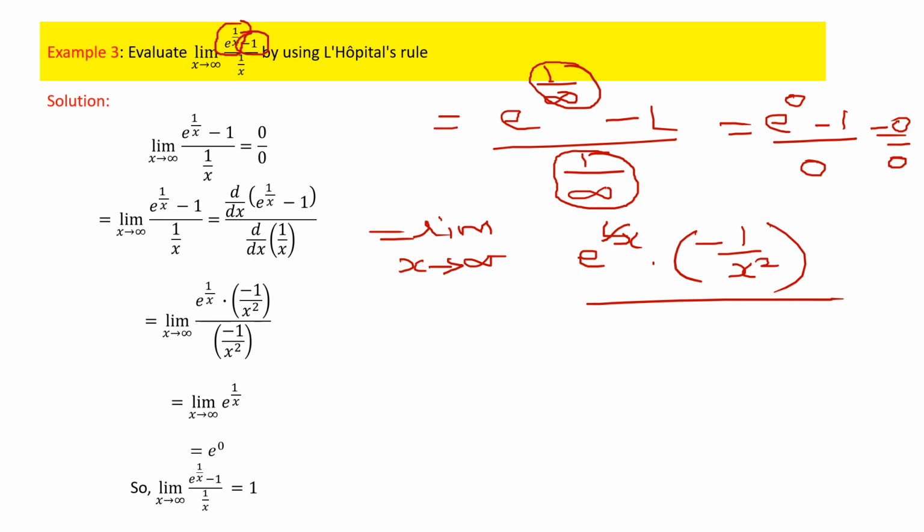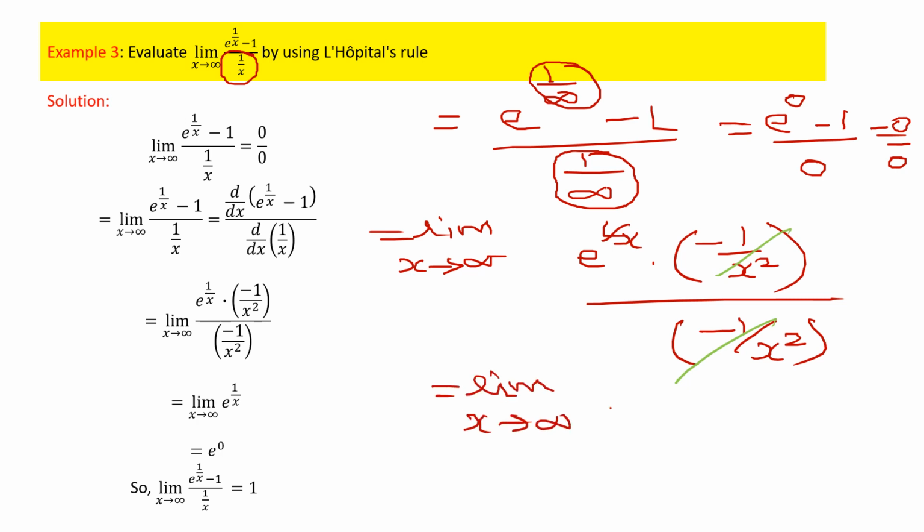Divided by, in the denominator also we have 1 over x. Let me differentiate 1 over x. That will give you another minus 1 by x power 2. If I cancel these two, we are left with only e power 1 by x. So that means limit x approaches infinity, e to the power 1 over x.